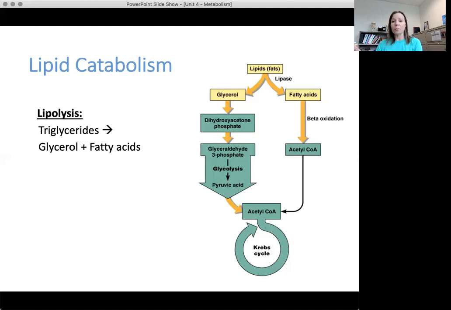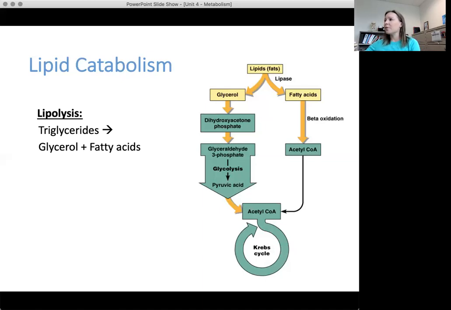And that forms acetyl coenzyme A, which you can see here. So after beta oxidation, you just add coenzyme A to get acetyl coenzyme A. And that, if you remember, is what enters the Krebs cycle. And then that can be broken down through the Krebs cycle and the electron transport chain to get ATP.